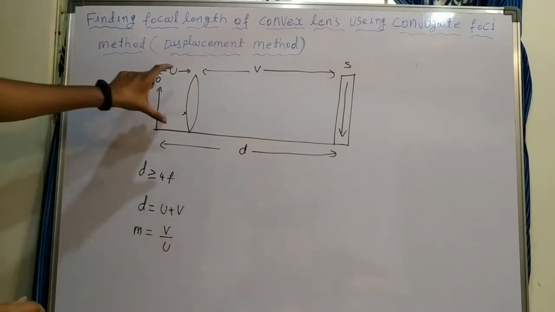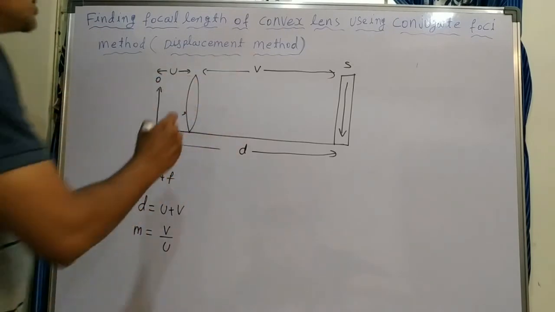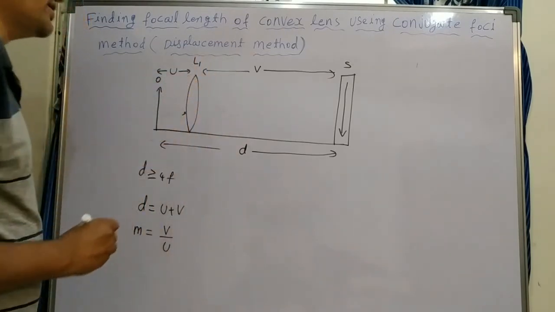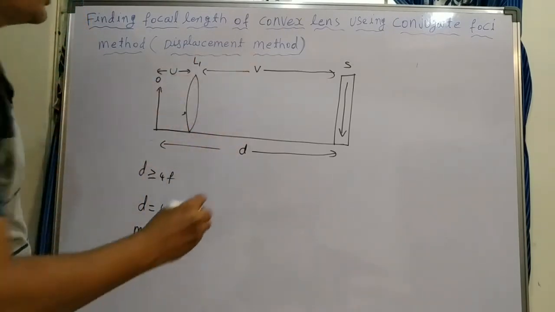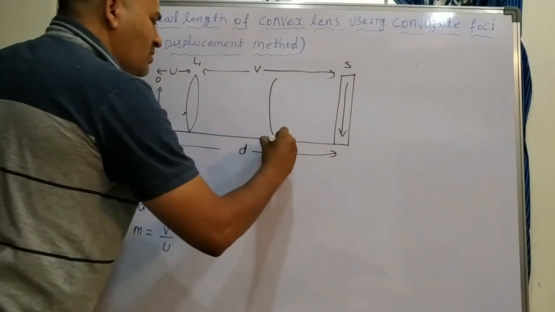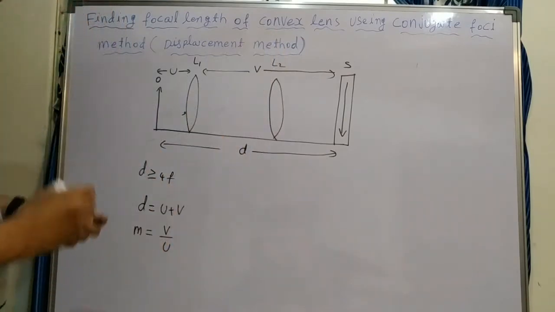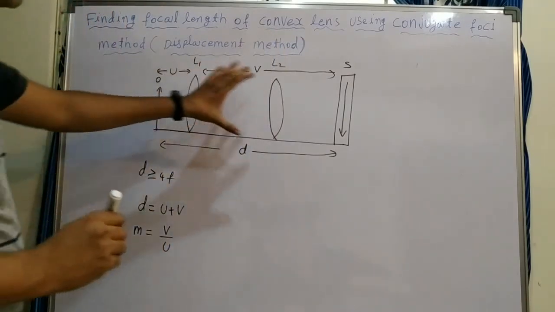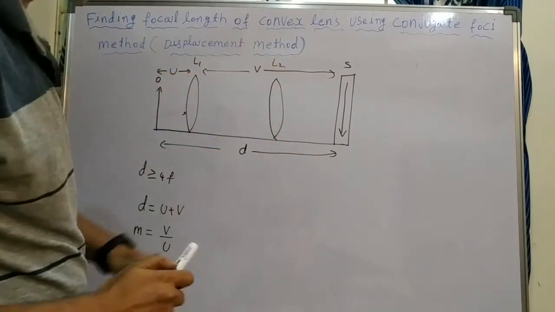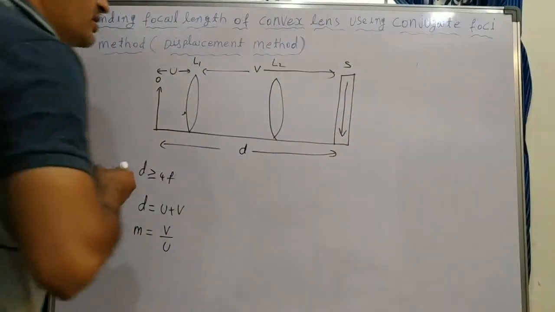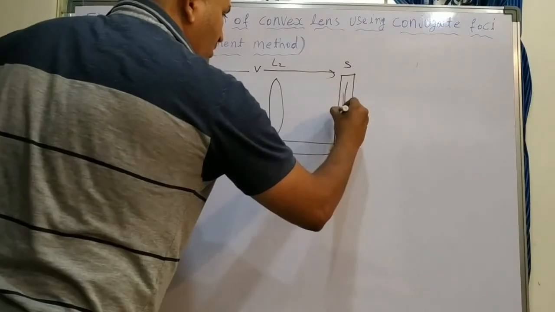Now further move this lens. This is the first position of the lens, that is L1, you can take. Further, if you move it to a particular position, for the second position of the lens, we get the same object's image small and diminished. Now we get a small, diminished, real inverted image.